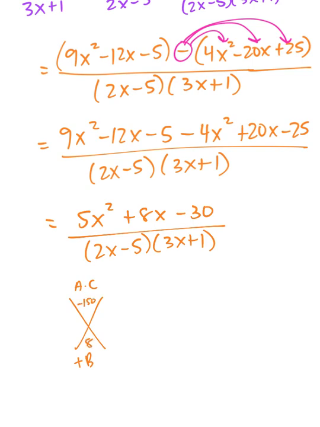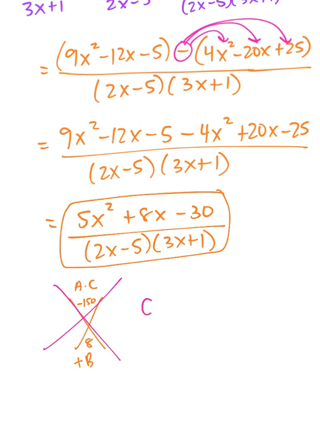My b value is 8. And I'm not going to list all of the factors here. I am just going to tell you that this is not something that factors. So we're just going to leave it like that because this doesn't work, cannot factor.